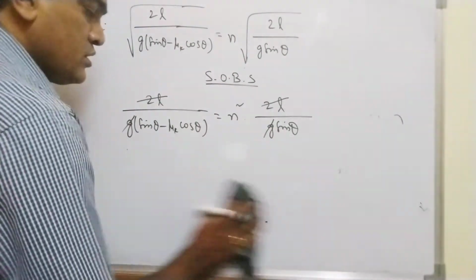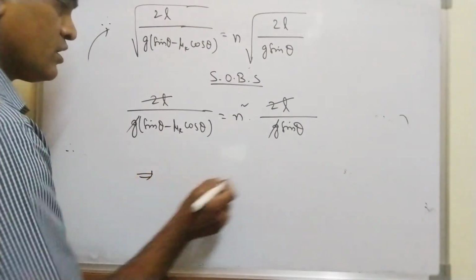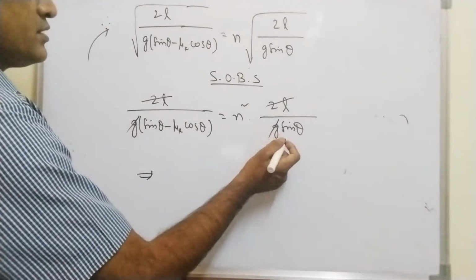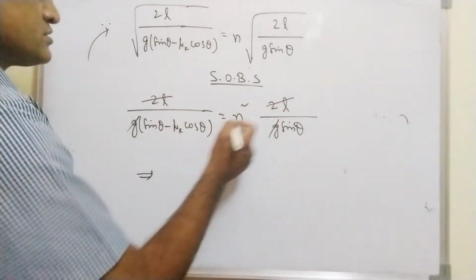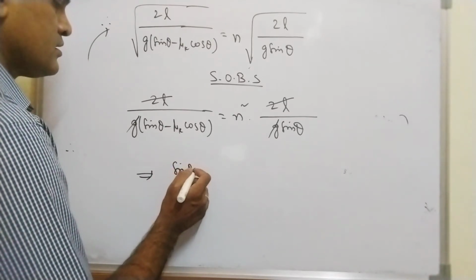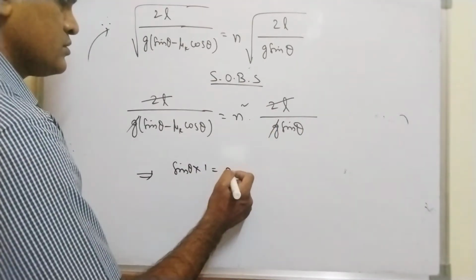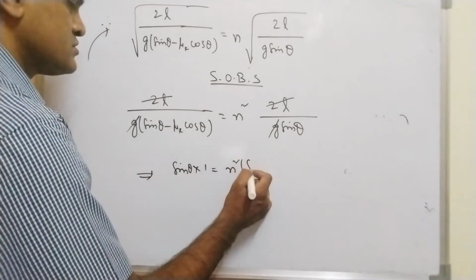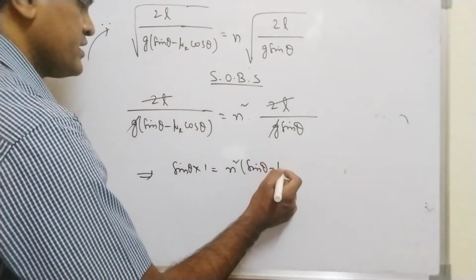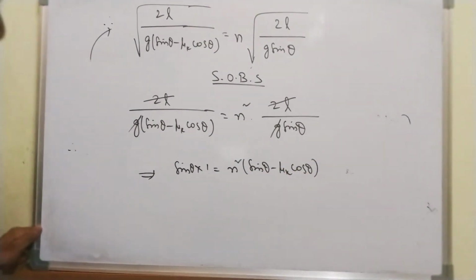Now if you solve this by cross multiplication, sin theta into 1 is equal to n square times (sin theta minus mu k cos theta). Solve this.